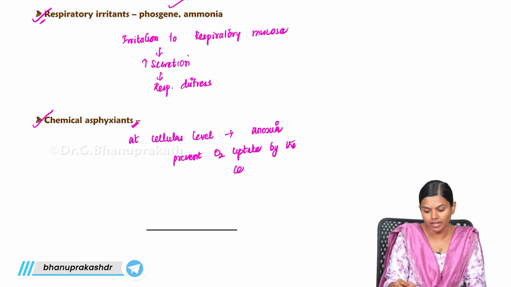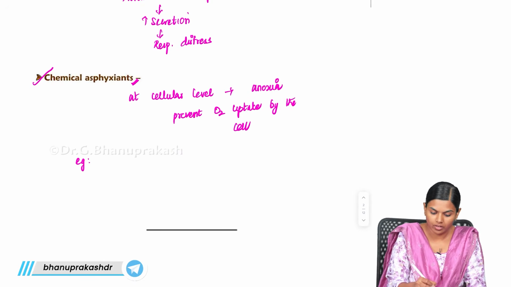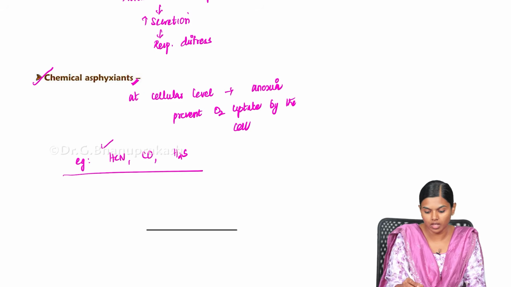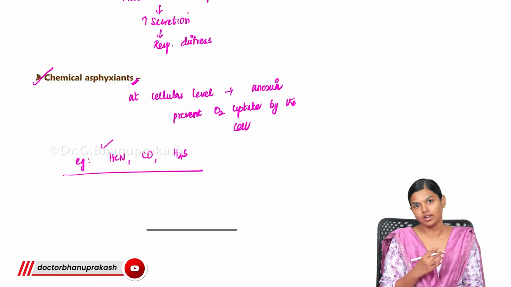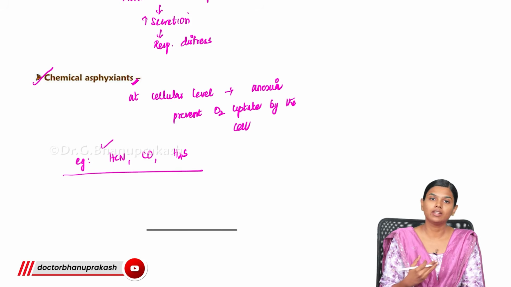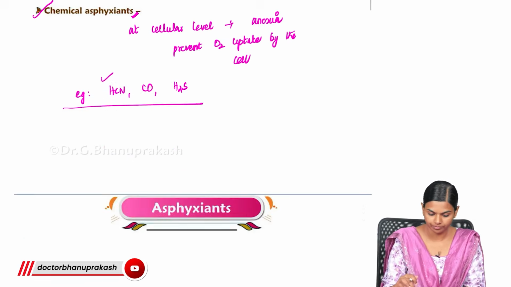Examples are cyanide, carbon monoxide and hydrogen sulfide. All these cause chemical asphyxia. They prevent the oxygen uptake at the cellular level and you get no oxygen, resulting in anoxia.